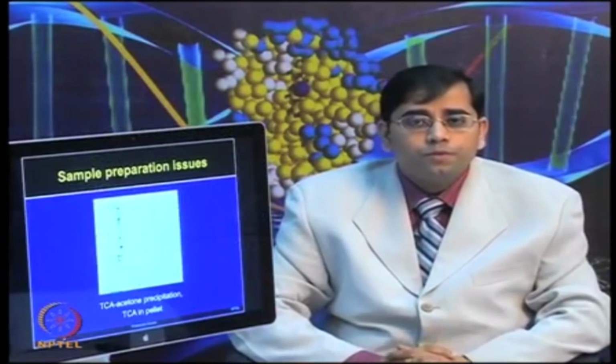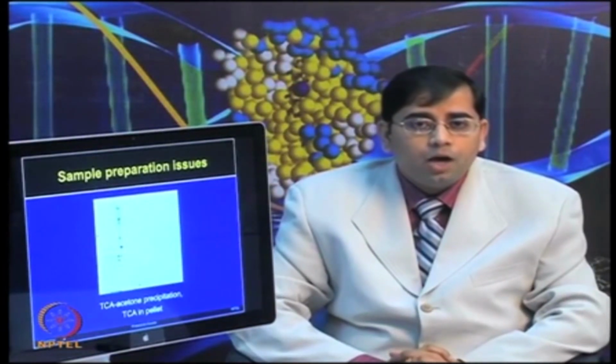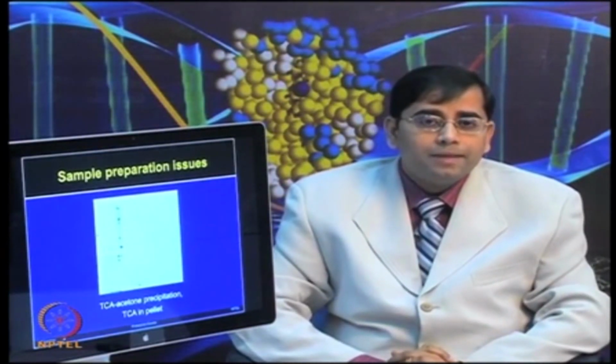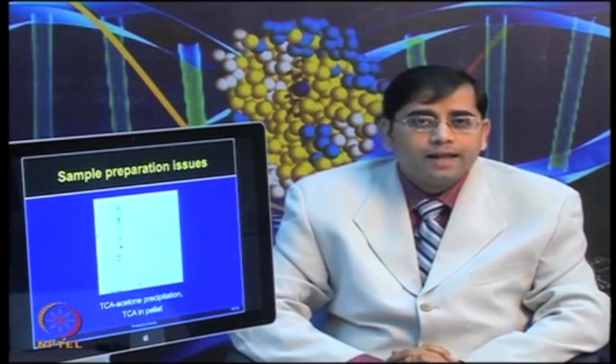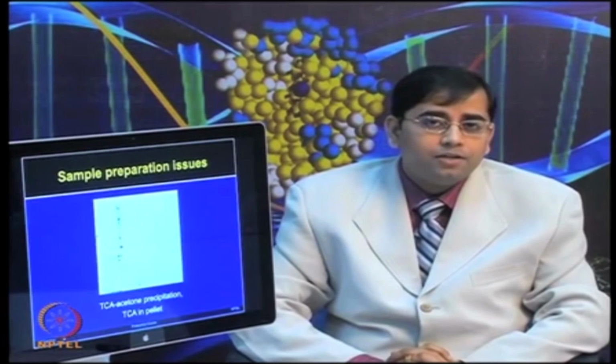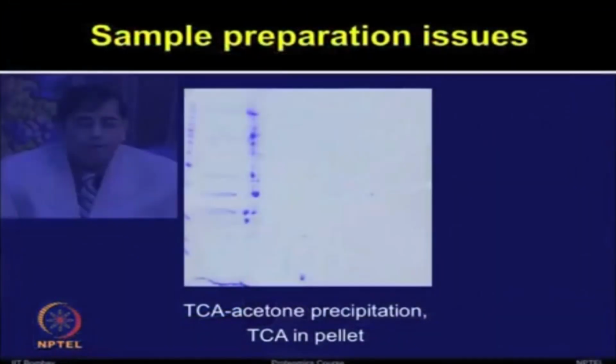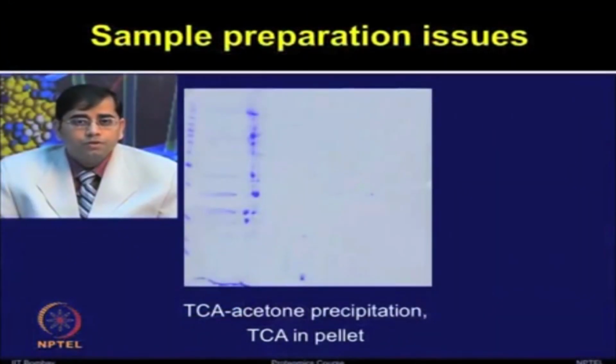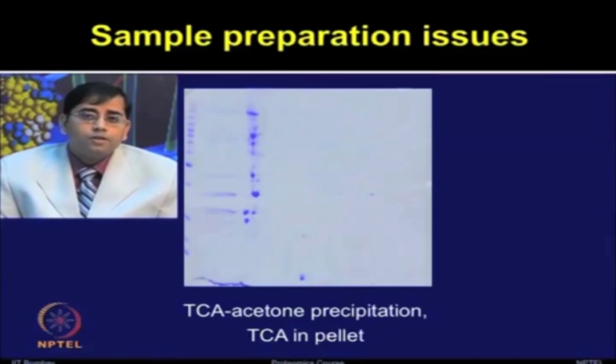I am showing you a few problematic gels, how even small mistakes or issues inherent to your biological samples can give rise to very bad 2D gels. For example, I am showing you a few sample preparation issues. In this gel, as you can see, the TCA acetone precipitation method was followed, but the washing was not good.